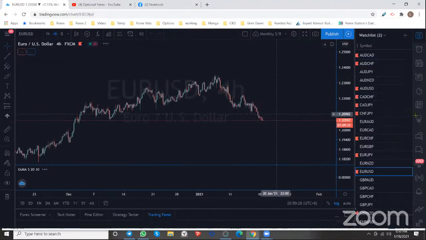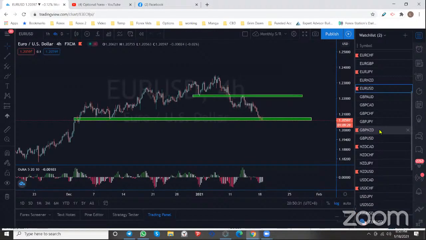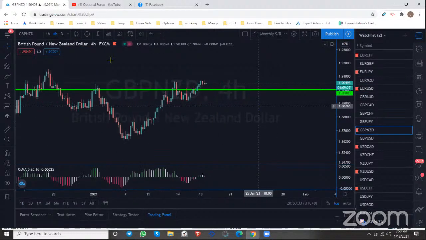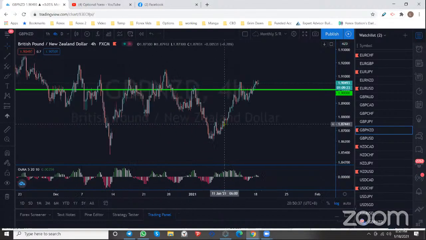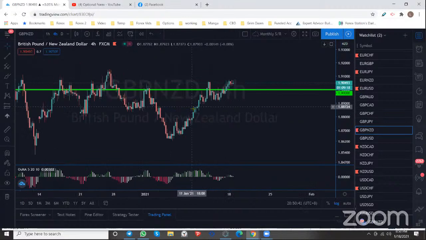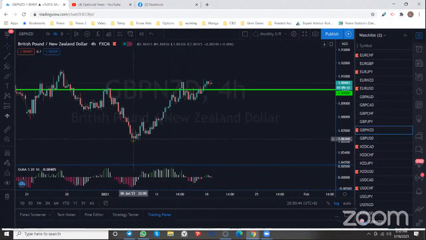Loading. There. So pound Kiwi, just now I did mention that I would go long. So what we have over here, you can see that price basically reversed over here. Go up, go back up.